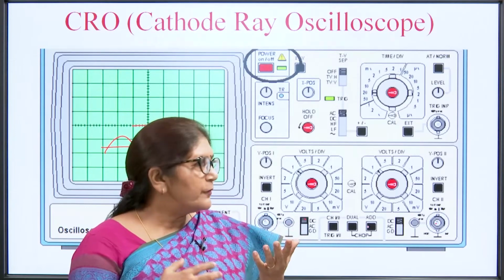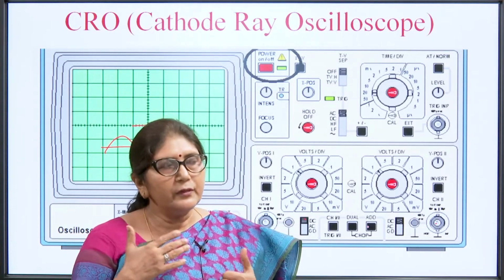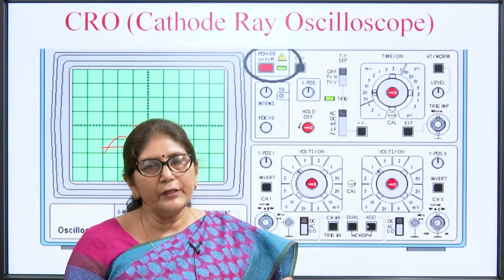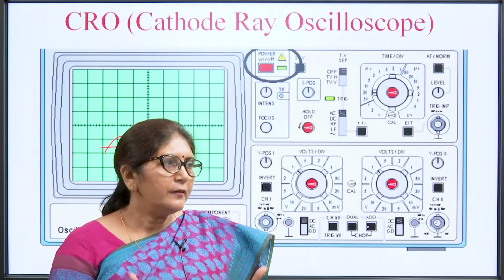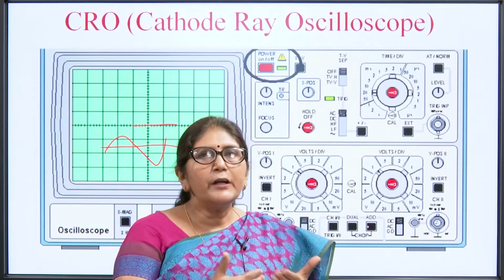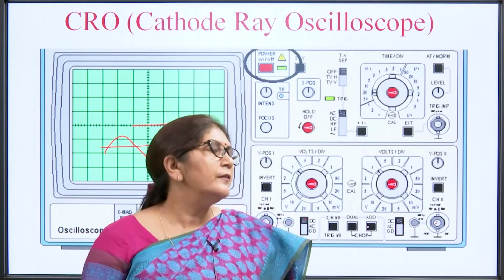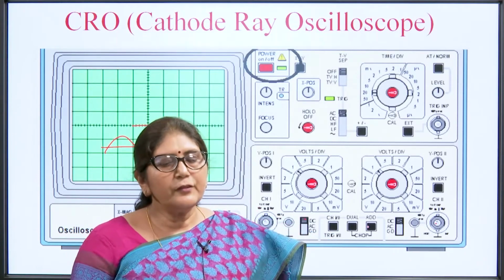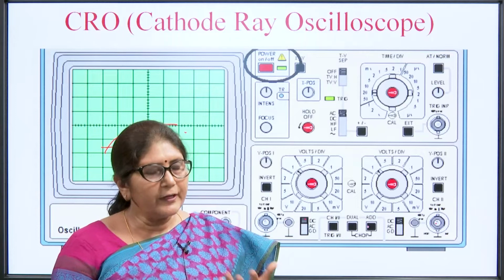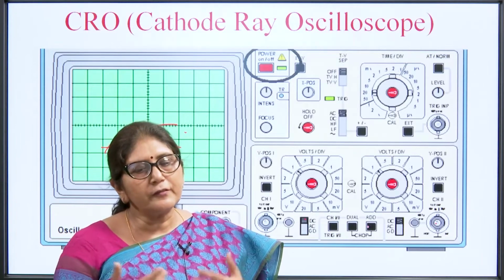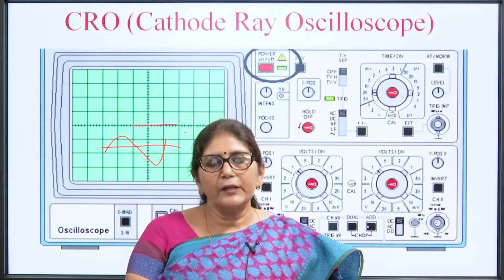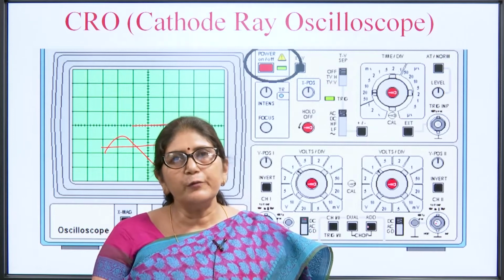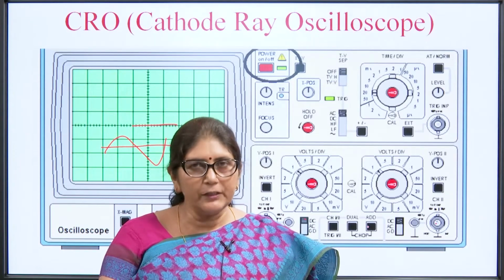Our eyes will see that there are two waveforms displayed on the screen, but the waveforms are displayed alternately. As you know, due to the persistence of vision, if more than 16 pictures pass through our eyes, our eyes are unable to distinguish the difference between them.